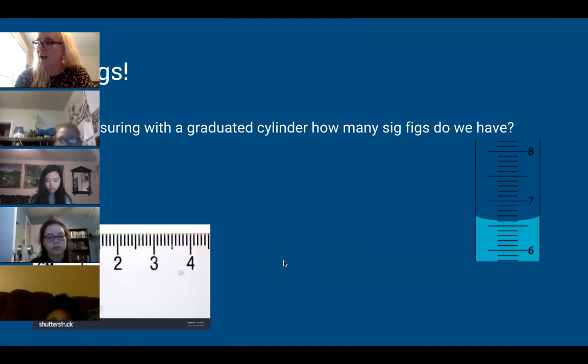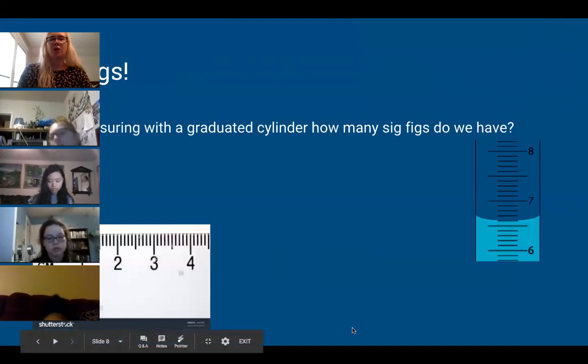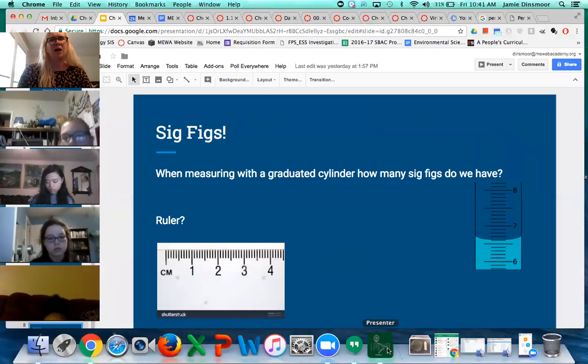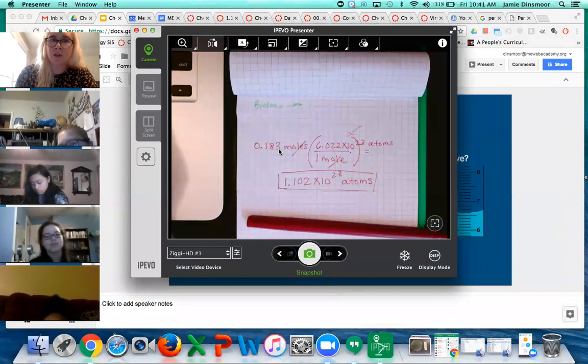So we were multiplying by something that also had 3 significant figures, 0.183. So we would want to have 3 significant figures in our answer, which I will tell you guys, this is a little creepy. I did that automatically, which tells you how much this has been ingrained into my brain. But we had 3 significant figures here, 3 significant figures here. Our answer has 3 significant figures. It kind of makes sense.